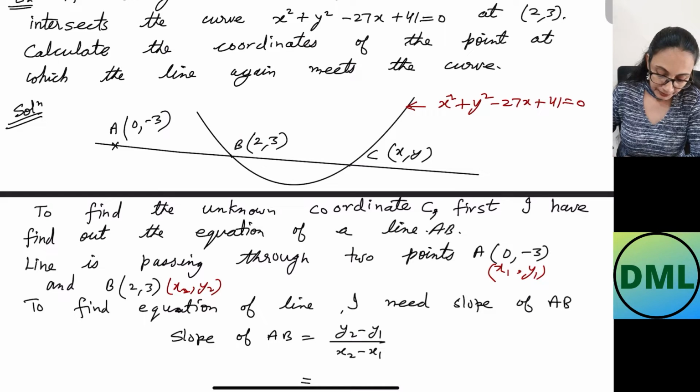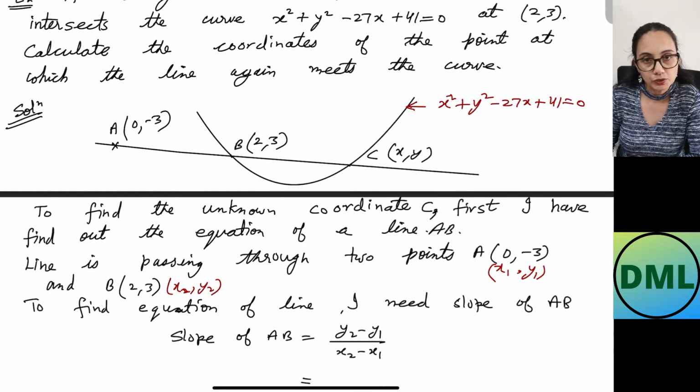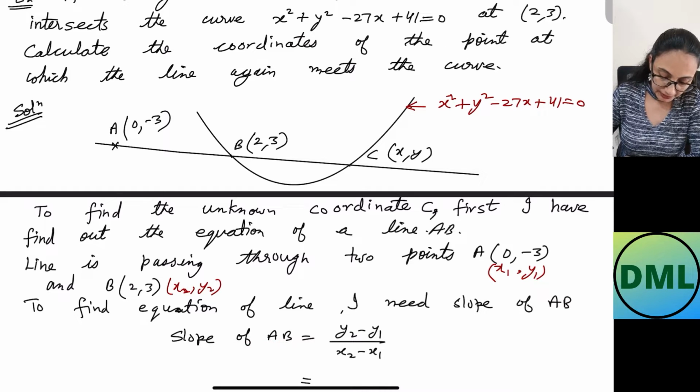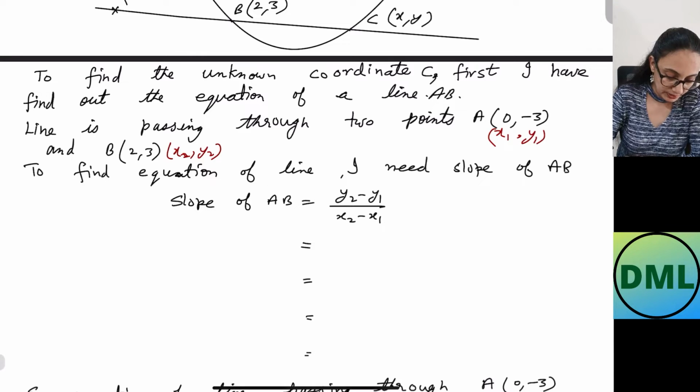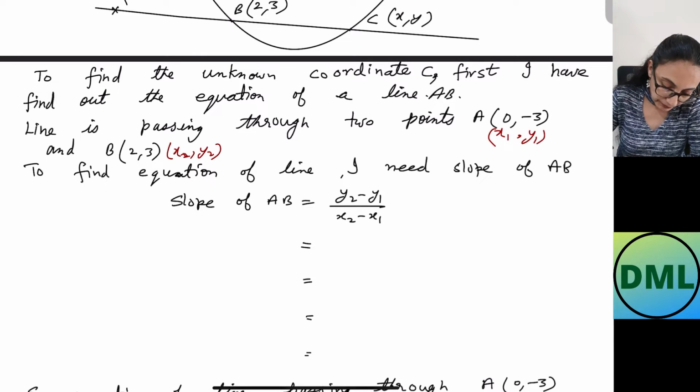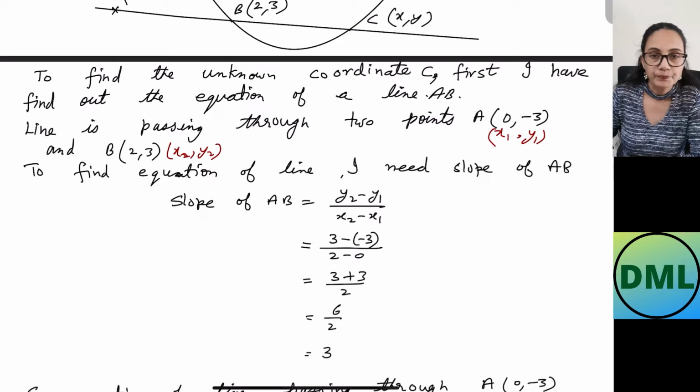To get the equation of the line, first I need the slope. The slope of the line AB is given by (y2 - y1) over (x2 - x1). So it will be 3 minus of minus 3 over 2 minus 0, which is 3 plus 3 over 2, which equals 6 over 2, which equals 3.